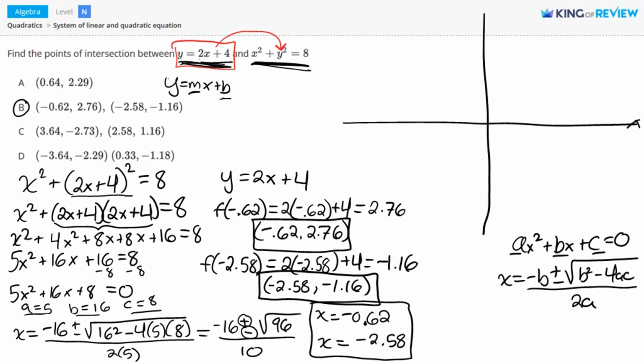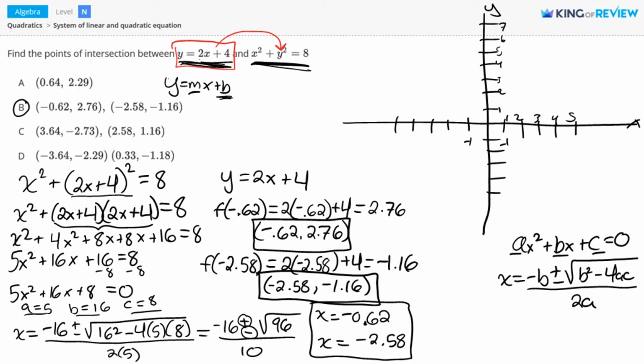Here's my x-axis and my y-axis. Okay, so we have a y-intercept of 4.